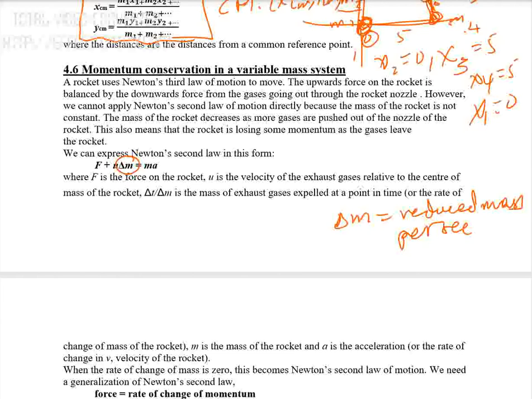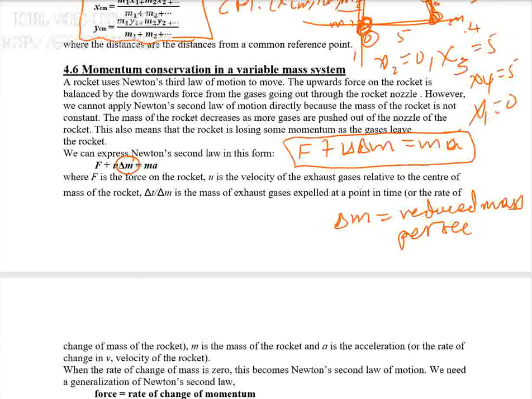Therefore, for a rocket, since it is reducing in mass, the acceleration of the rocket is increasing. Therefore, the applied force F plus u times change in m is equal to what? Mass times acceleration.